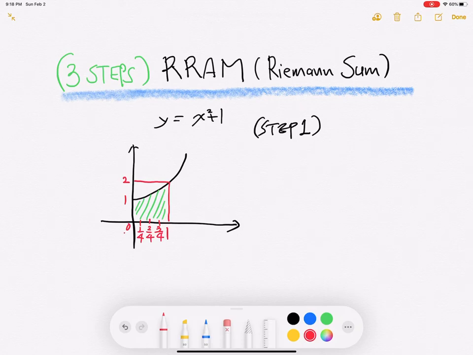Then 0 means 0/4, and 1 means 4/4. Why do I use 4/4 instead of 1? To find the pattern for the second step.